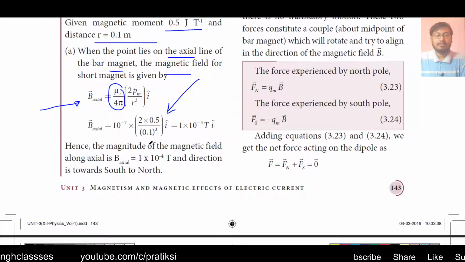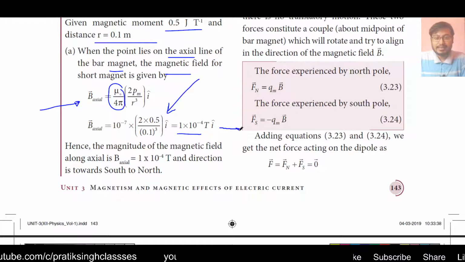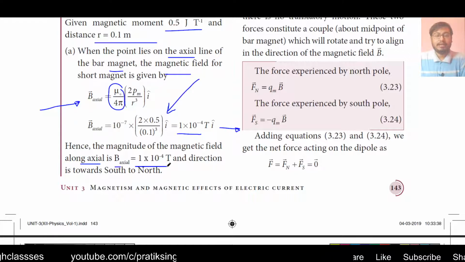R is 0.1 meter, so 0.1 whole cube. It will give you 1 into 10 to the power minus 4 Tesla into I cap, that is in the x-axis direction. Hence the magnitude of the magnetic field along the axial line, B axial, is equal to 1 into 10 to the power minus 4 Tesla, towards south to north or the positive x-axis direction.